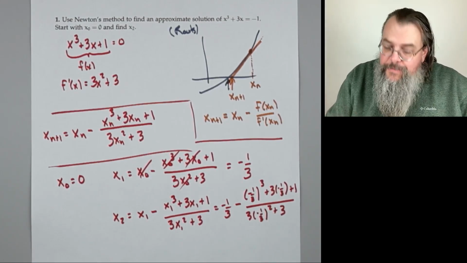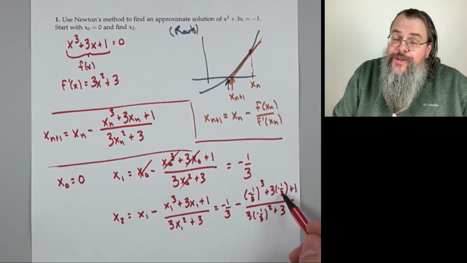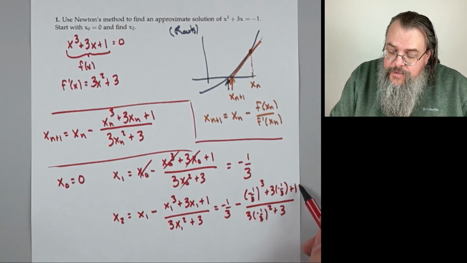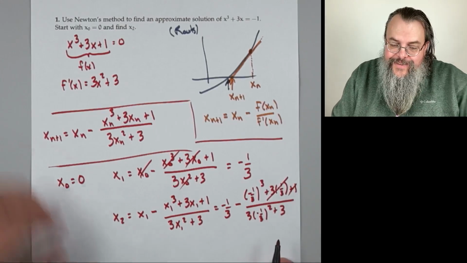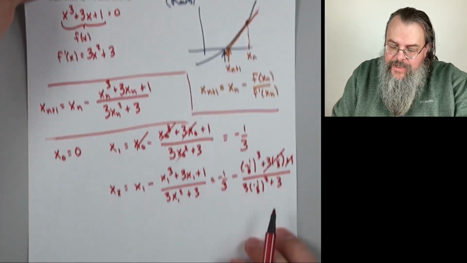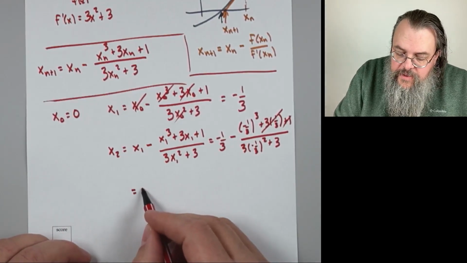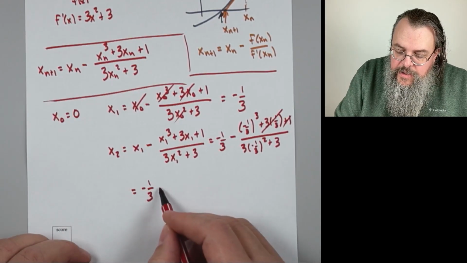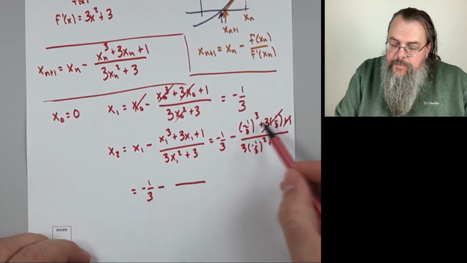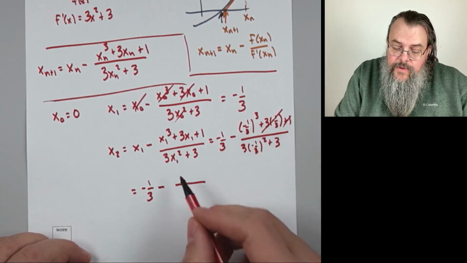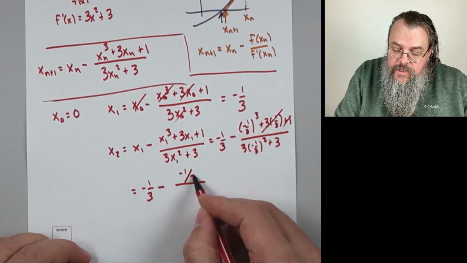At least a little bit is pretty quick. Negative 1/3 times 3 is negative 1 plus 1, 0. That's not so bad. Let's see, we probably want to clean this up a little bit. So you have negative 1/3 minus, now upstairs, negative 1/3 cubed would be negative 1 over 27.